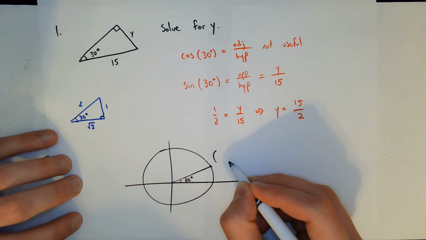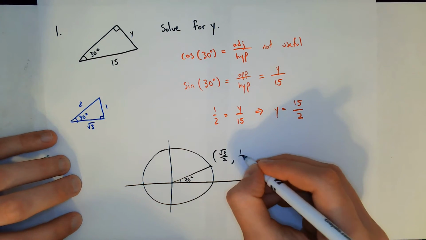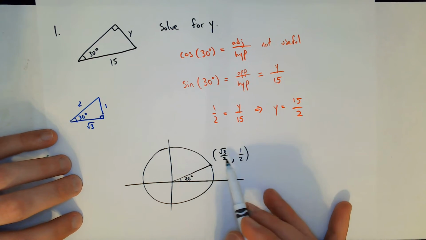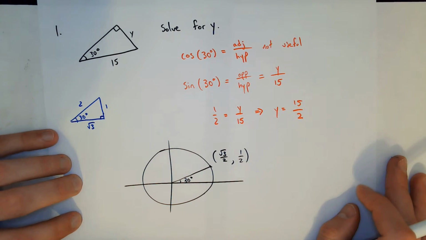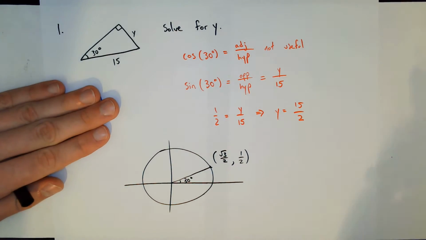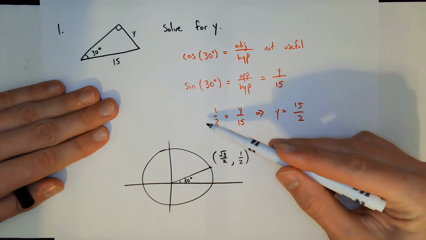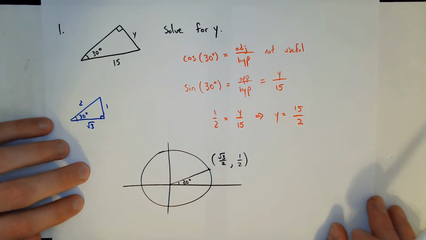The x-coordinate is the cosine of 30 degrees, and the y-coordinate is the sine of 30 degrees. If you know how to use your unit circle and what these coordinate pairs mean, then you're good to go with this problem. You don't need the reference triangle, right? You literally replace sine of 30 degrees with this y value here. There it is, and then you just do the algebra to solve for the missing number.